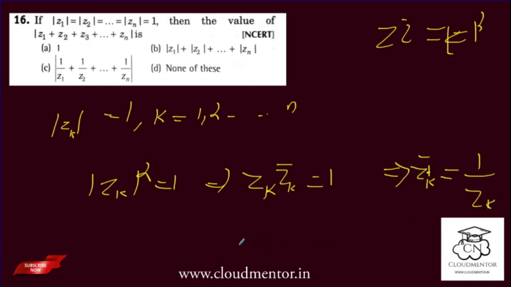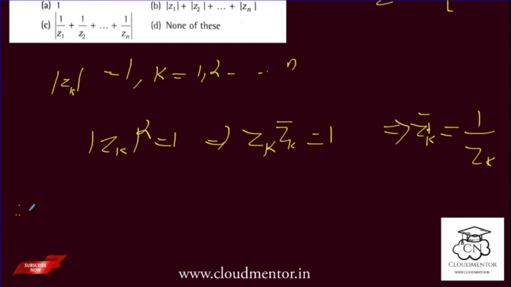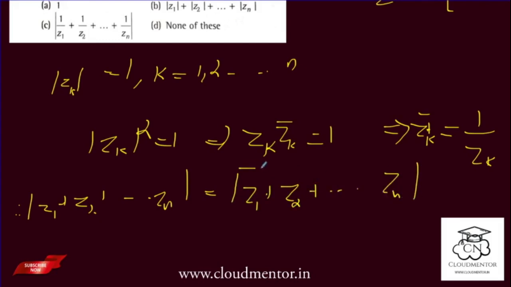1 by zk. And now therefore modulus of z1 plus z2 plus etc up to zn is equal to, yes, modulus of z1 plus z2 plus z3 etc up to zn, the whole conjugate or the whole bar. It is a property that modulus of z is equal to modulus of z bar.